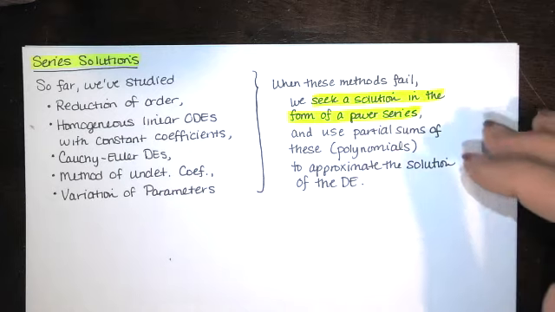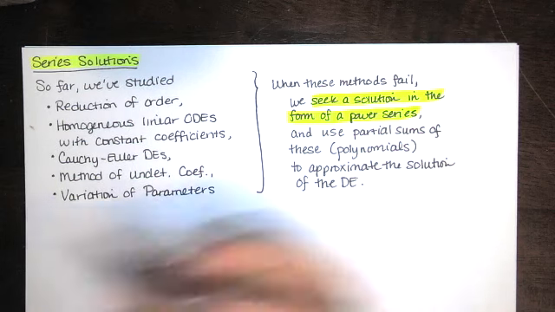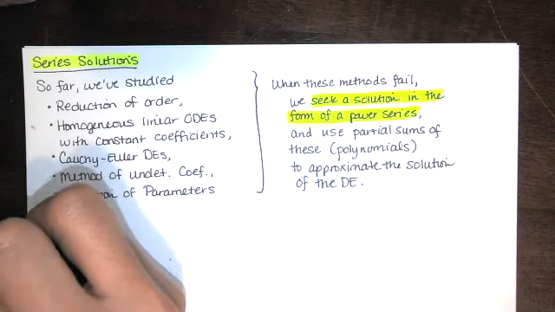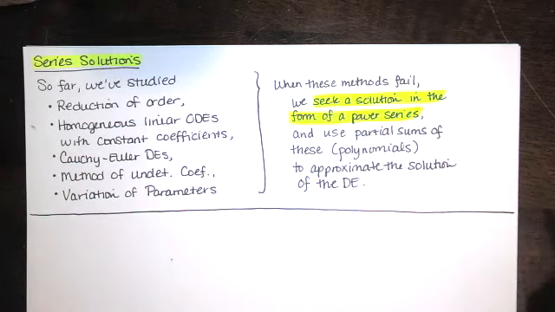And then we use the partial sums of those power series, which are polynomials, to approximate the solution of the differential equation. Now, if a little bit of what I said there seemed cryptic because you don't really remember what power series are, not to worry, that's what this video is about. We're going to review some basics about power series.